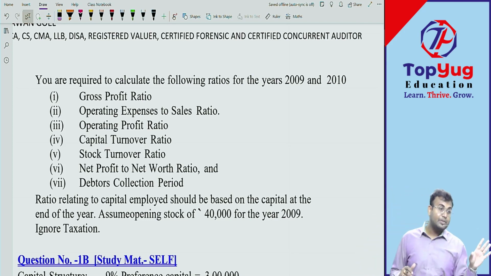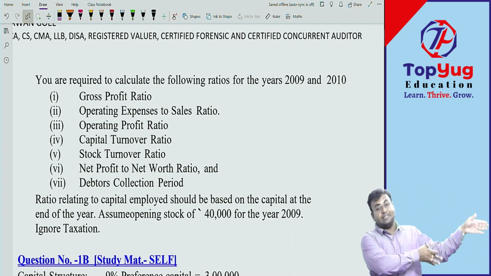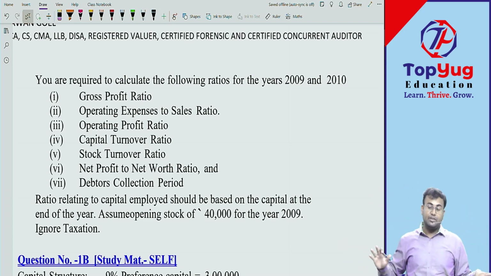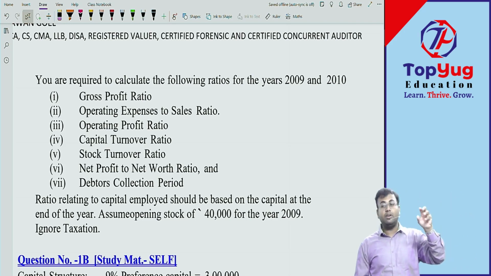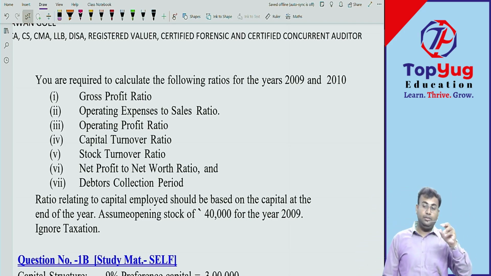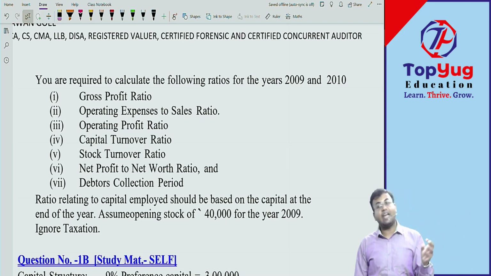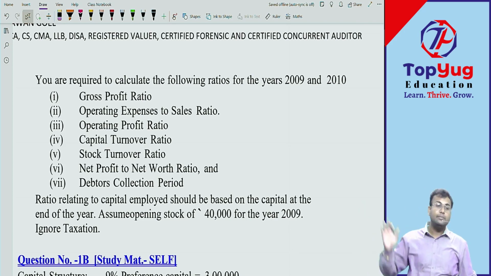No, because the classification of expenses in accounts and financial management is altogether different. In accounts, you classify expenditures based on their relatability to sales. Certain expenditures are directly related to sales, you call those direct expenses, like raw material.